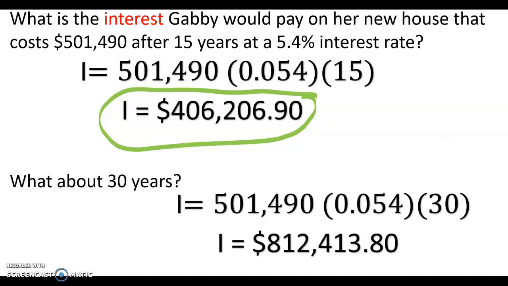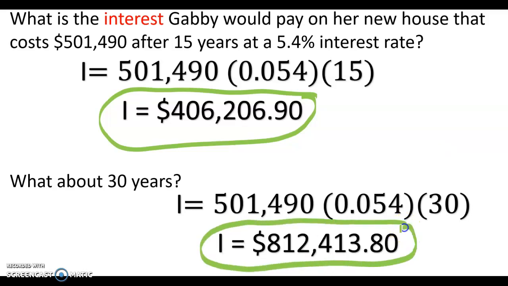So, wow, that interest is $812,413.80. So if you can do it in 15 years, better deal because you're paying less interest. Now, don't forget, you'd still have to pay for the $501,000 for the house. So it's going to be almost a $1 million house by the time you finish paying for it.